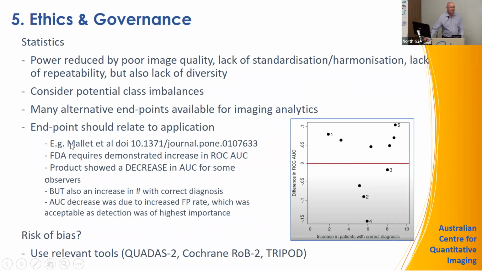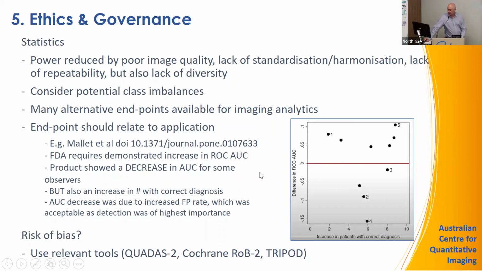When we're talking about specificity and sensitivity, we might want high sensitivity and not care so much about specificity. We might want both to be high, and those things can vary a lot. So in this study, for example, in the US, the FDA requires a high accuracy to be demonstrated.